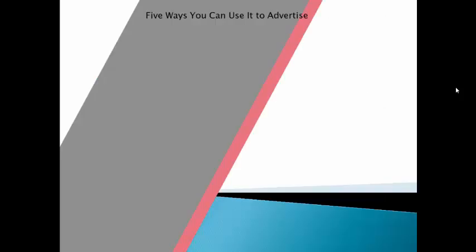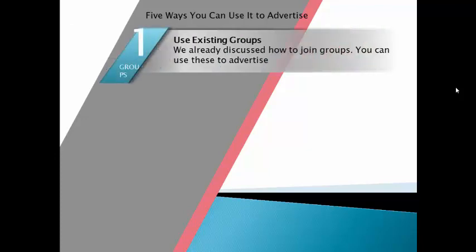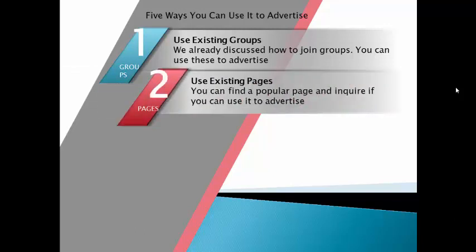Let's look at the 5 ways you can use it to advertise. The first one is groups. We already looked at groups in the previous section. You can use existing groups to advertise your merchandise or your business. You can use pages. You can find some popular pages and inquire from the owners if they can allow you to advertise there.